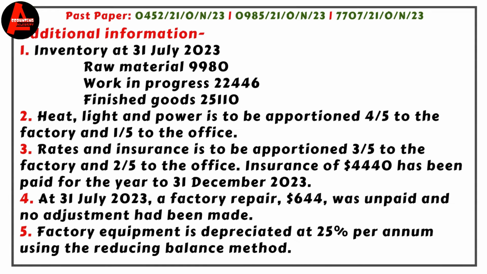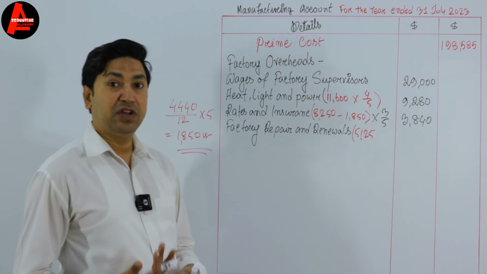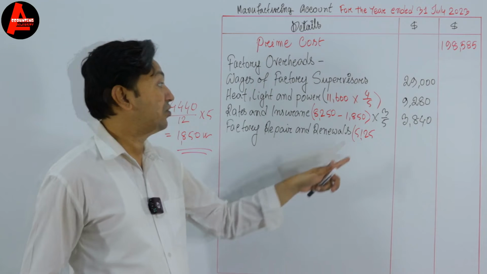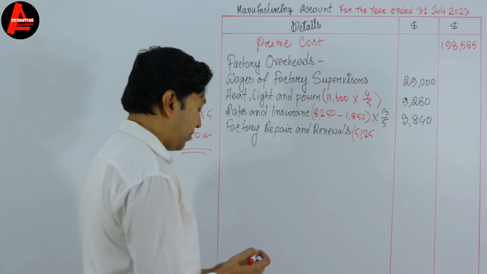So here we see number 4, at 31st July 2023, a factory repair $644 was unpaid and no adjustment had been made. Okay, unpaid, outstanding, accrued, whatever you see, you need to add this amount to this 5,125. So this is the unpaid amount.